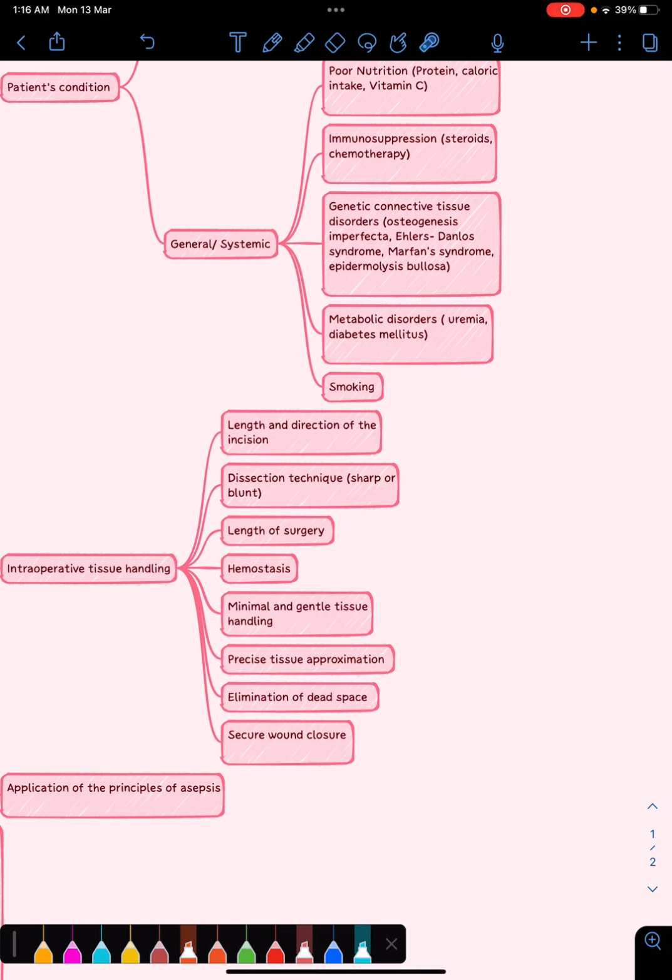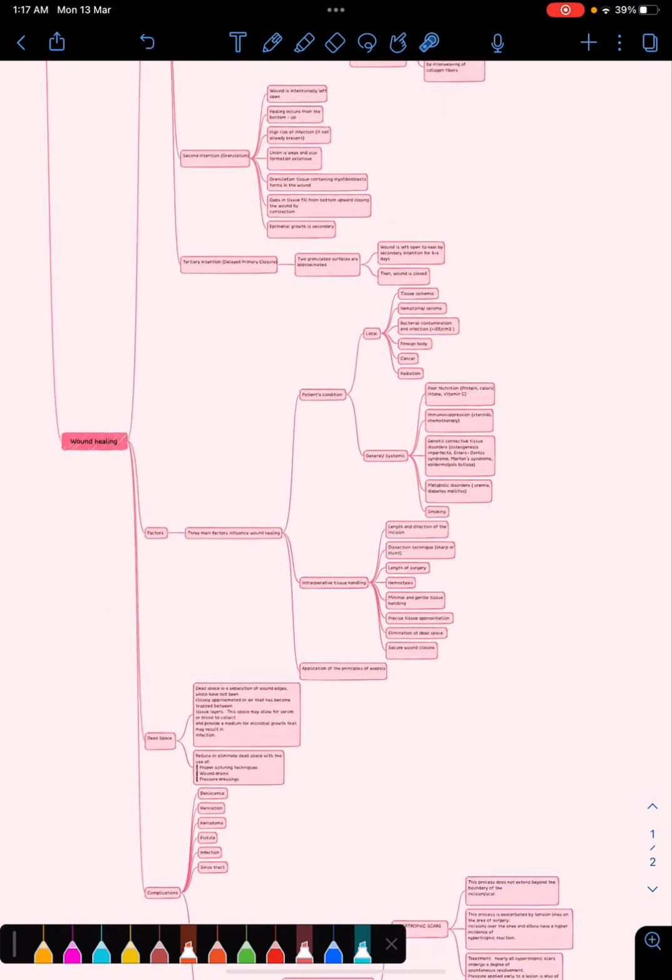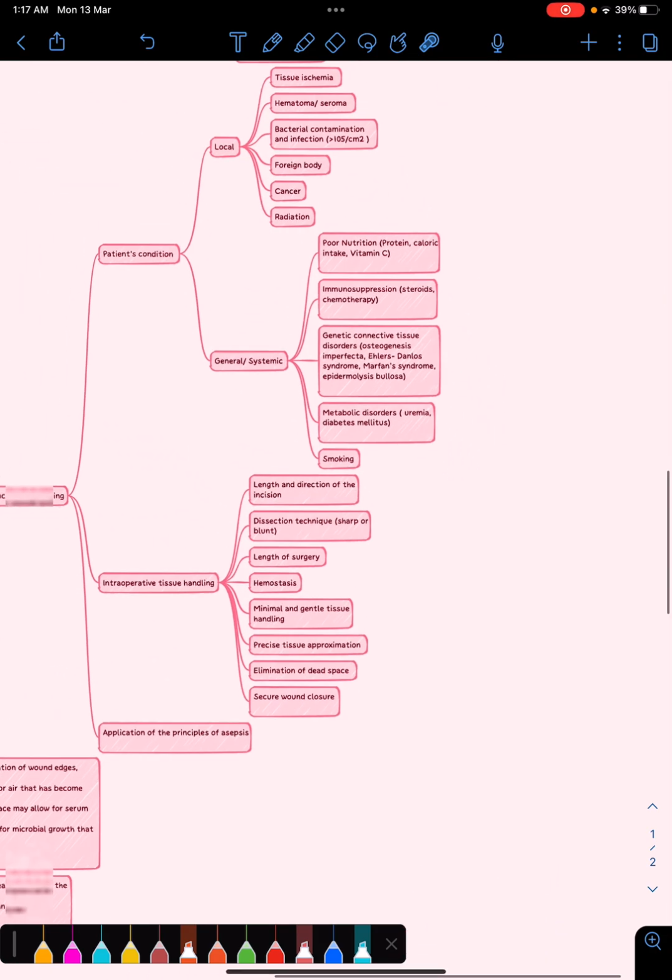The same applies for the glucose and the sugar. All of the metabolites are going to be altered, and as a sequence, we're going to have just a delay in the wound healing. Smoking as well. All of these are general systemic: poor nutrition, immunosuppression, genetic, metabolic disorder, smoking. All of these are general or systemic.